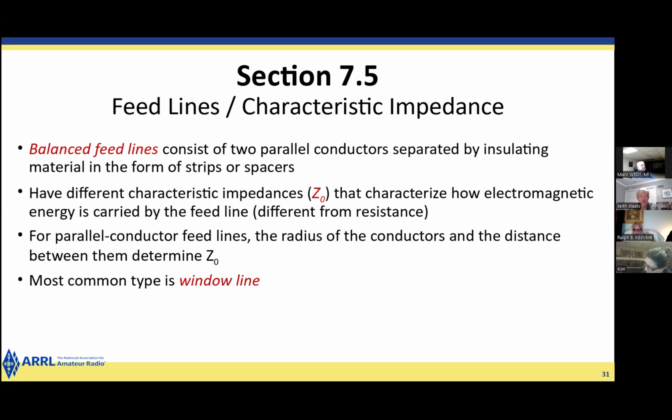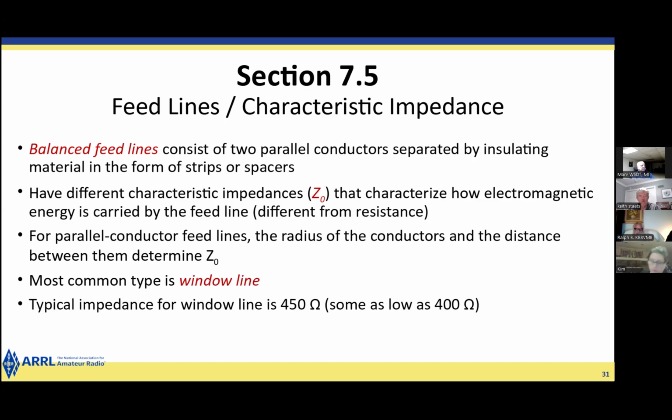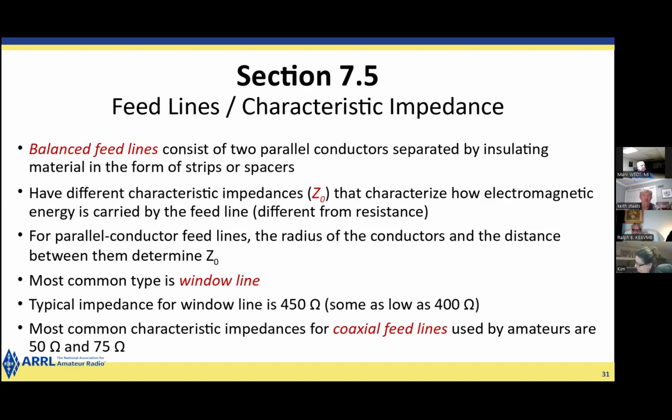The most common type is window line. And window line is usually 450 ohms. But the common characteristic impedance for coaxial feed line used by amateurs is 50 ohms and 75 ohms.